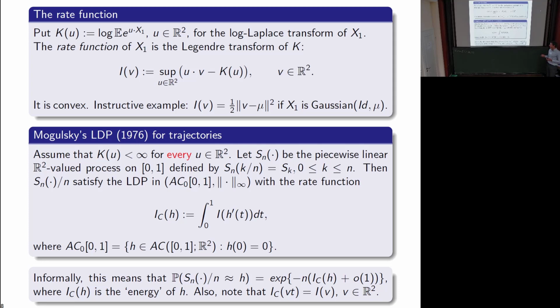And this means that the probability that my trajectory normalized by n looks like h is e to the minus n times the energy of h. This is what it means.